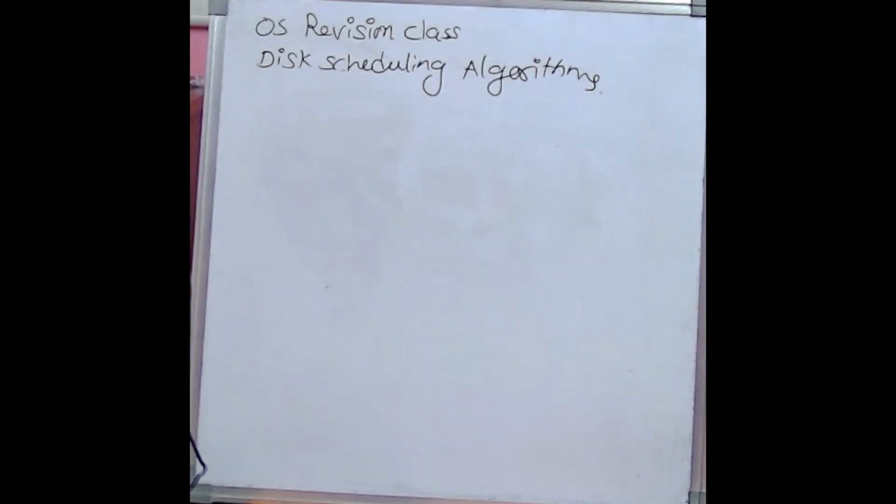A magnetic disk is divided into a number of cylinders. There is a read-write head. To move the read-write head from the current position to the desired sector or desired cylinder, how many cylinders it needs to travel, how much time it requires to travel, that we call seek time. And here we calculate how many cylinders it has traveled to the desired cylinder.